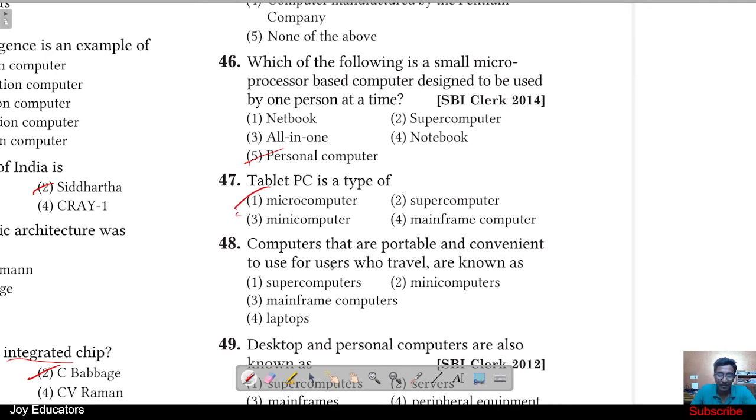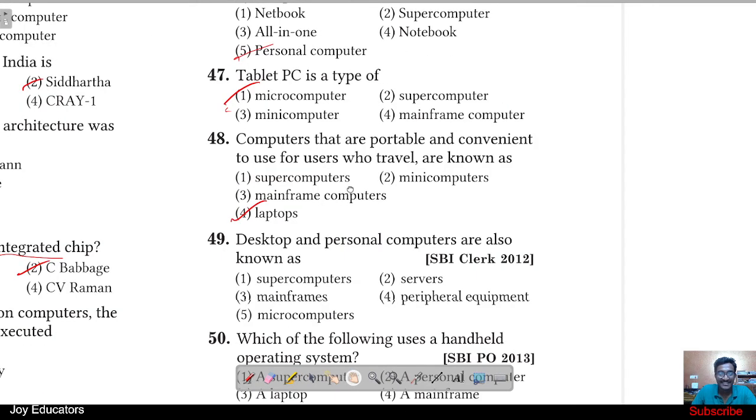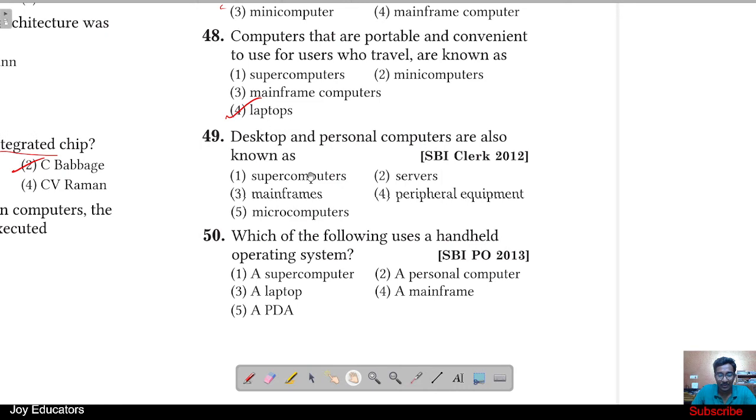Okay, computers that are portable and convenient to use for users who travel are called laptops. Okay, desktop and personal computers are also known as microcomputers. That's it.